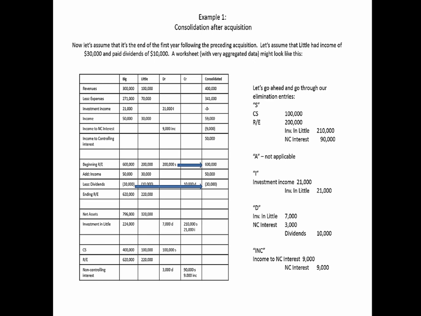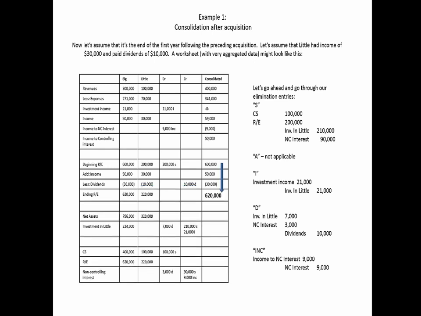Dividends, again, as always, we eliminate the subsidiary's dividends, being left solely with the parent's. And again, we work our way down the consolidated statement of retained earnings. Beginning retained earnings plus income less dividends equals ending retained earnings of $620,000, which we then transfer down to the ending retained earnings on the balance sheet.